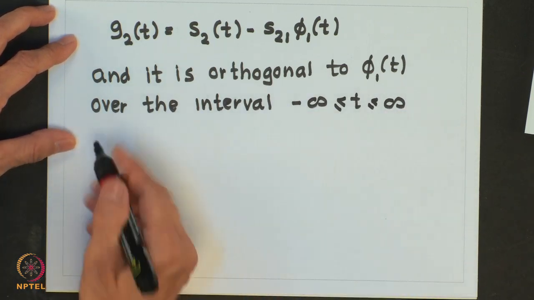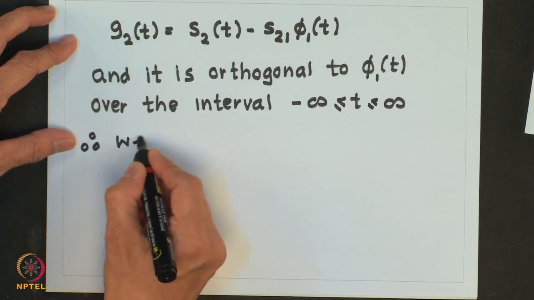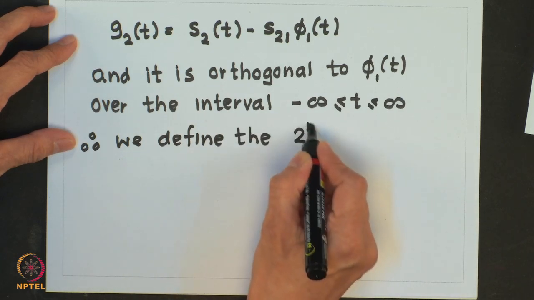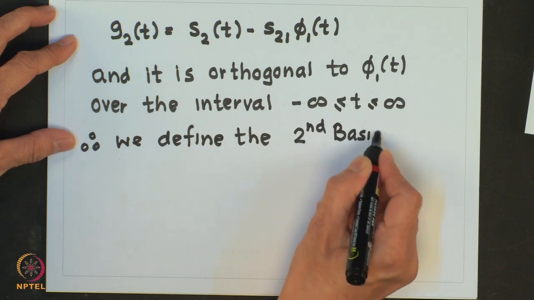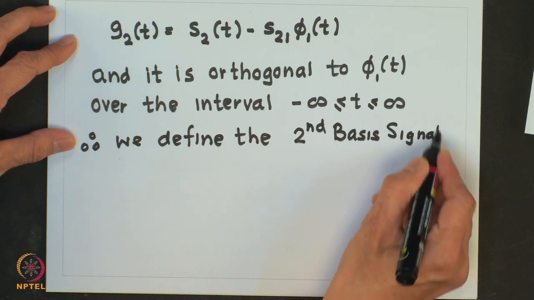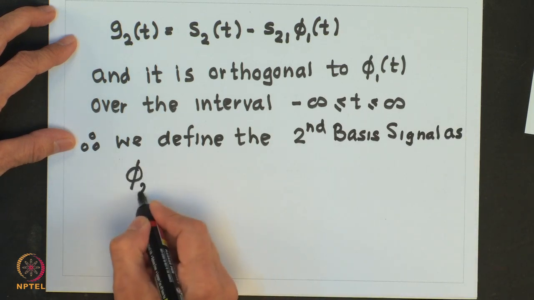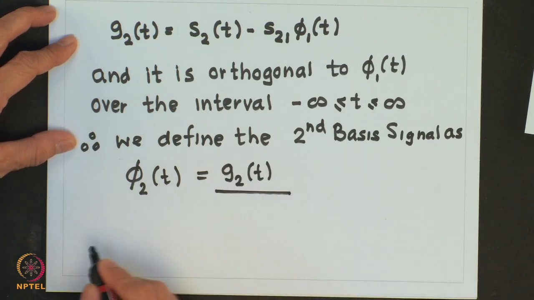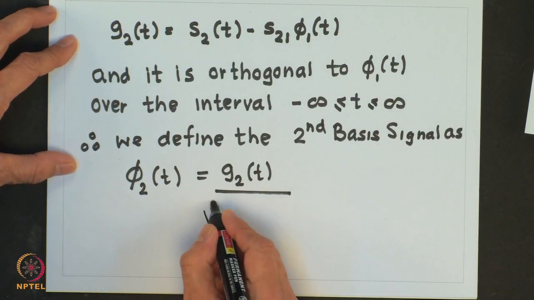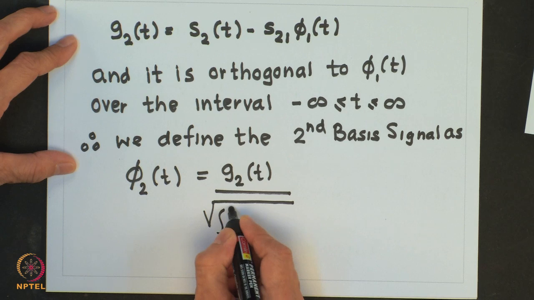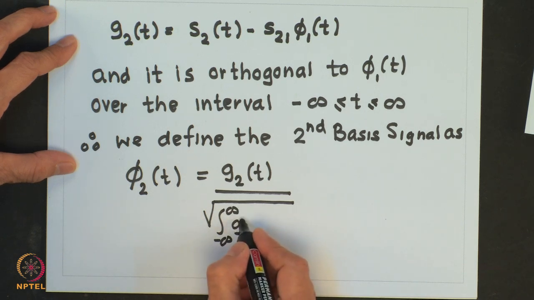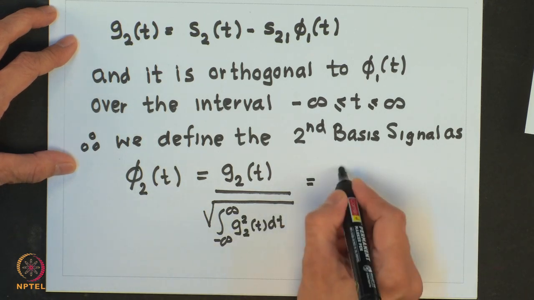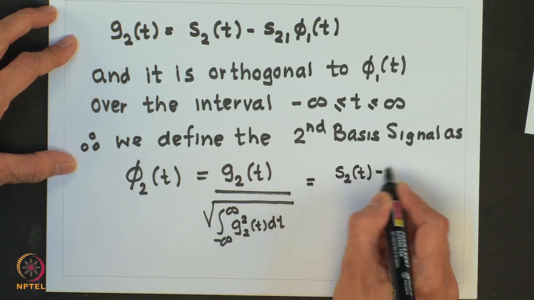So, we define the second basis signal as this error signal normalized by its energy, and this can be rewritten as follows.